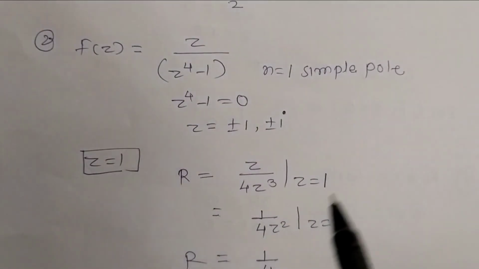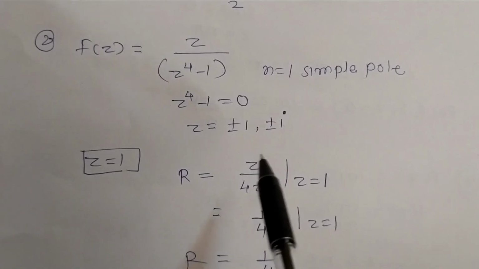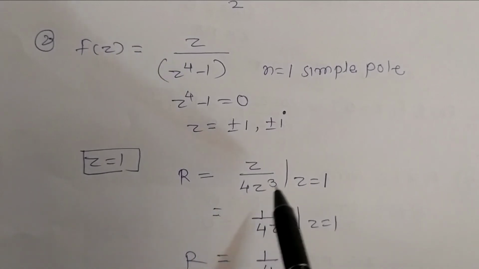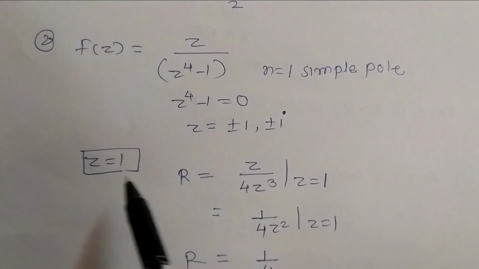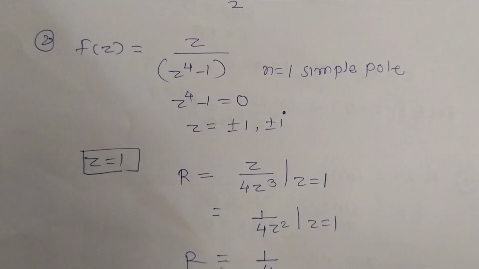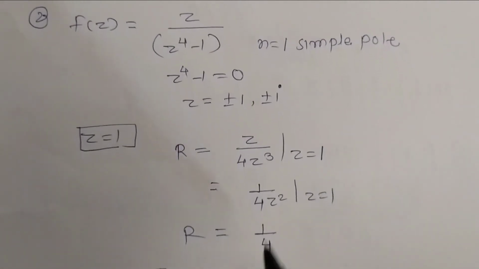So this is 1 upon 4 z square, since z upon z cube is 1 upon z square. Keep z is equal to 1, put this value, 1 upon 4 into 1 raised to 2, that is 1 by 4. So this is the residue.